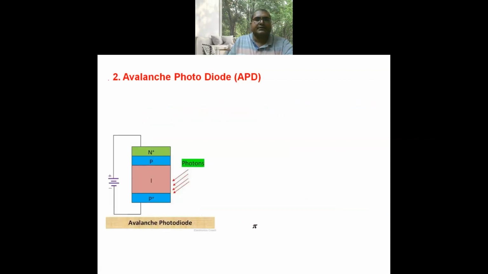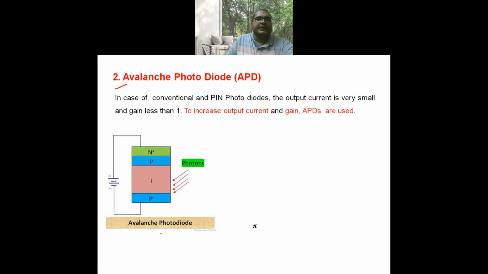The next is the avalanche photodiode. It is the structure of the avalanche photodiode. In the case of a conventional PIN photodiode, the output current is very small and the gain is less than 1. Gain means carrier multiplication in the intrinsic region. To increase output current and gain, avalanche photodiodes are used.